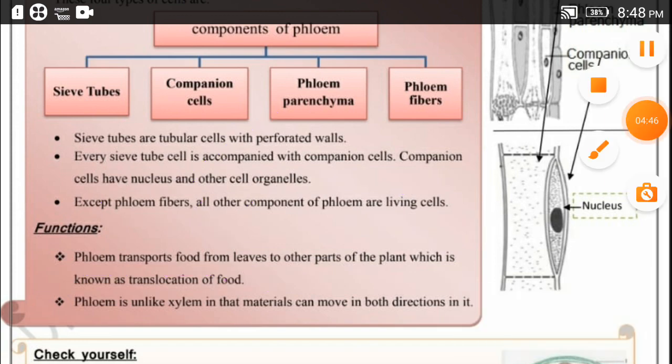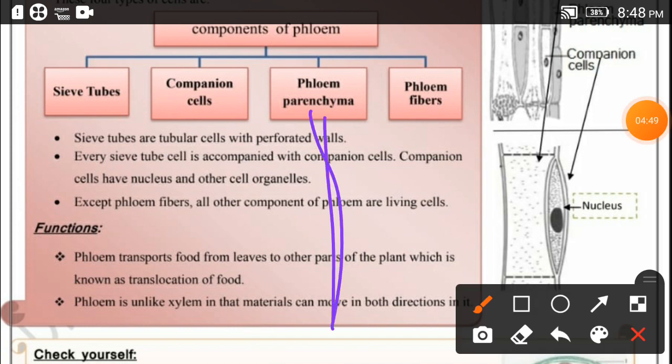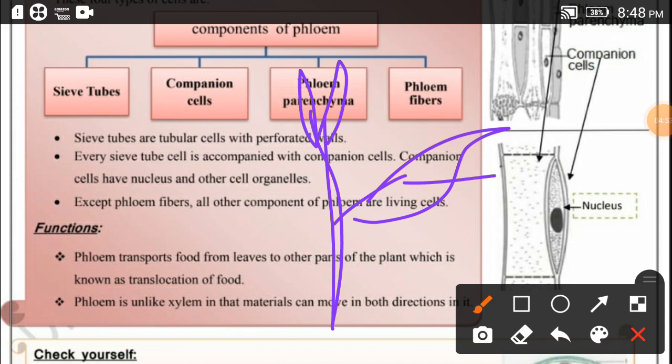Let's suppose we have a plant with some leaves, and the food prepared by this leaf can be transported in the upper direction as well as the lower direction, in two directions. So this is a specific function of the phloem unlike the xylem.